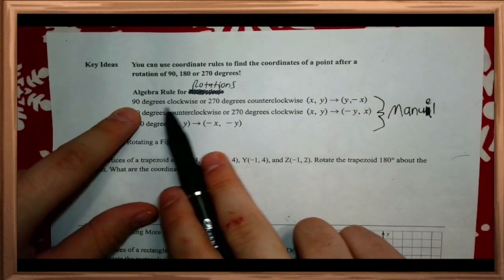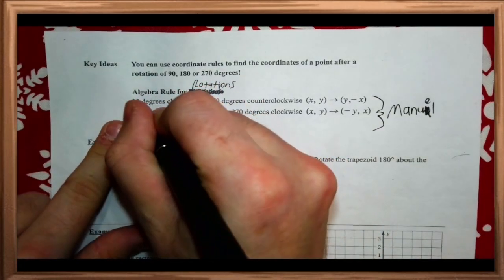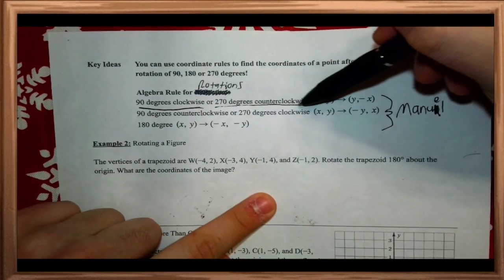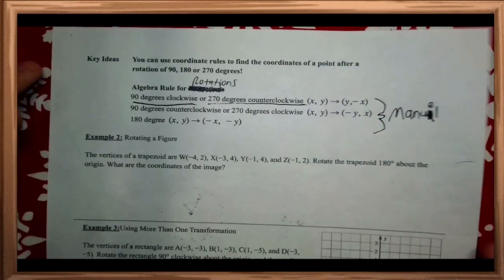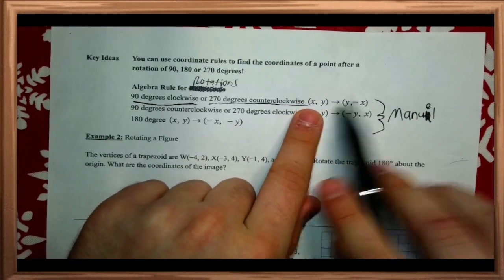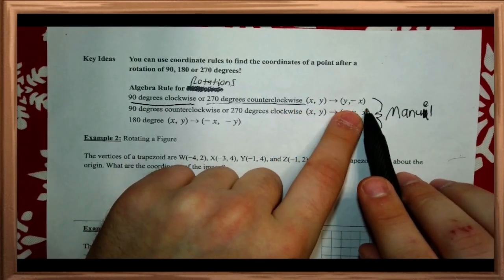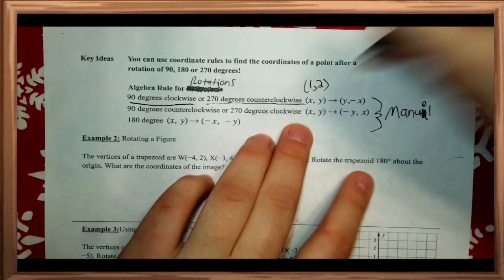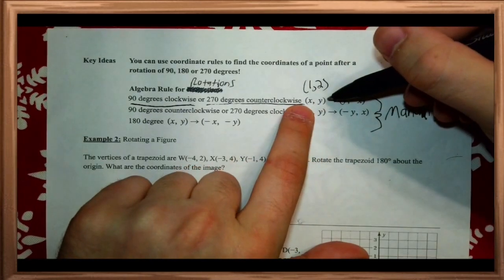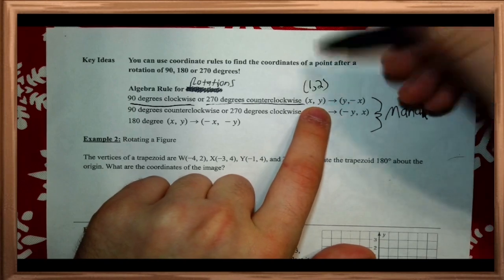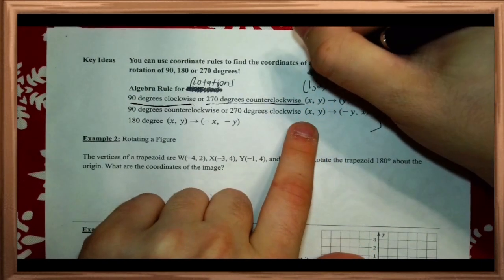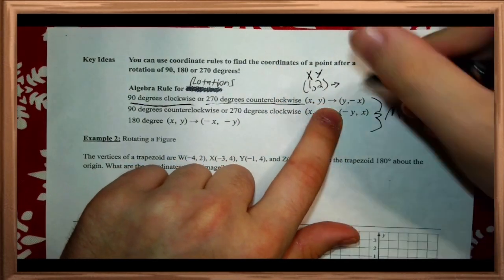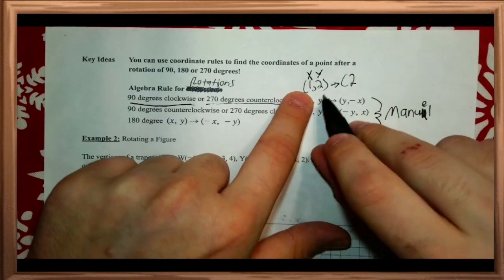So, if I go 90 degrees clockwise or 270 degrees counterclockwise, (x, y) goes to (y, negative x). Here's an example. Let's say I had the point (1, 2). I'm going to flip y to be the first number. If you need to write this down, please label it. It's very helpful to label these. Y will become the first number, so I'm going to get 2 as the first number.